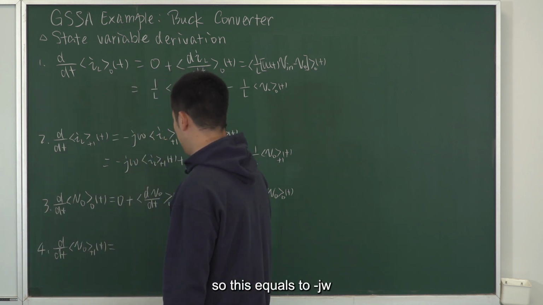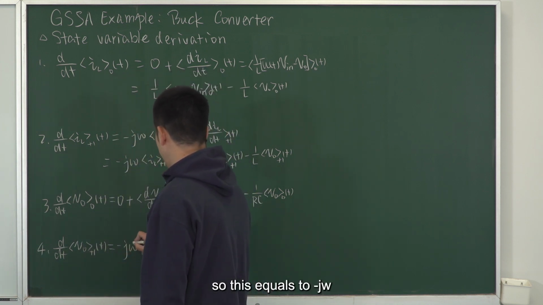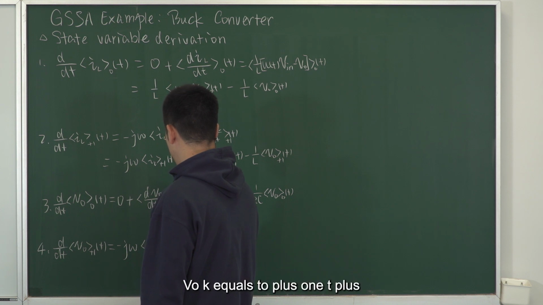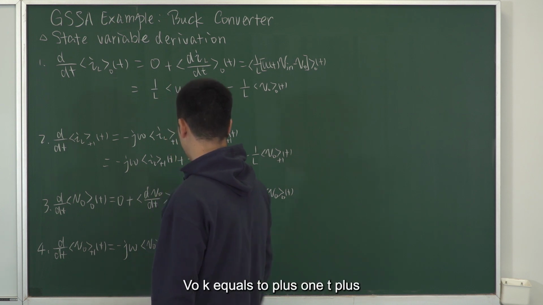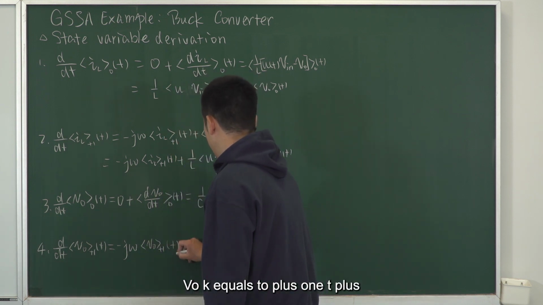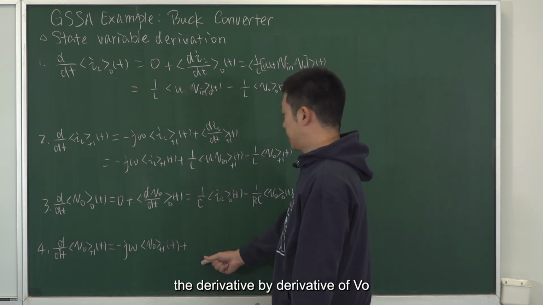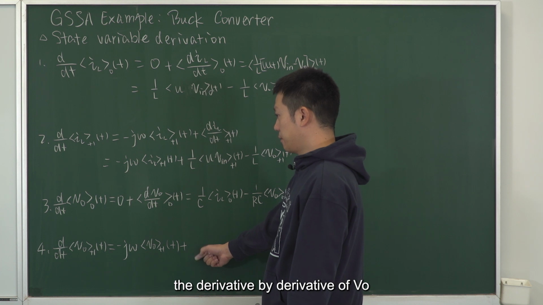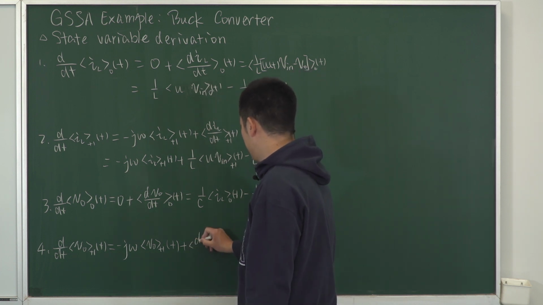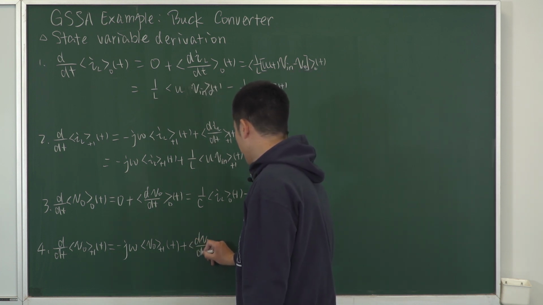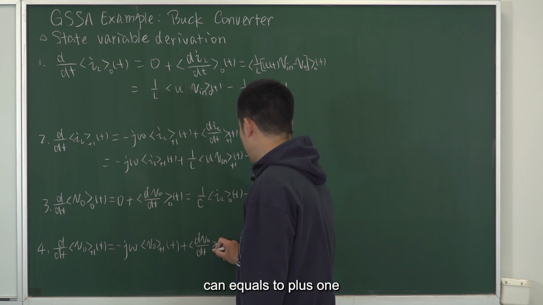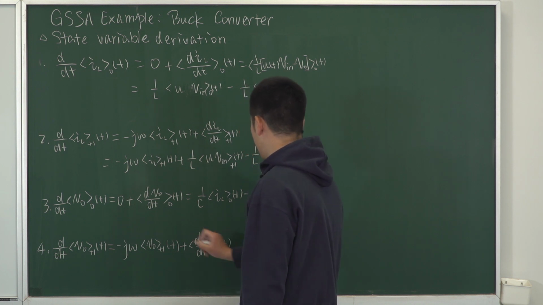So this equals minus j omega Vo, k=+1 (t), plus the derivative of Vo over dt, k=+1 (t).